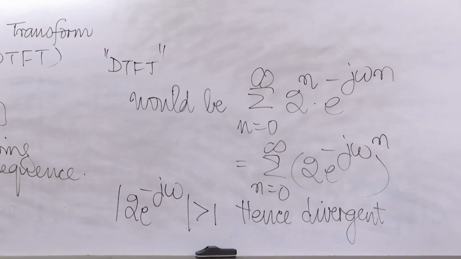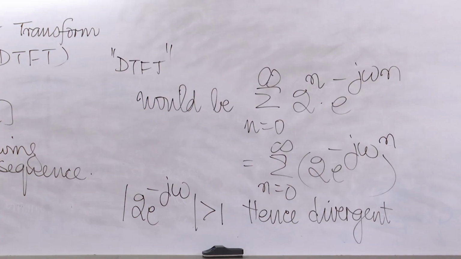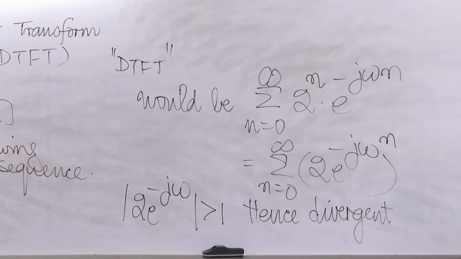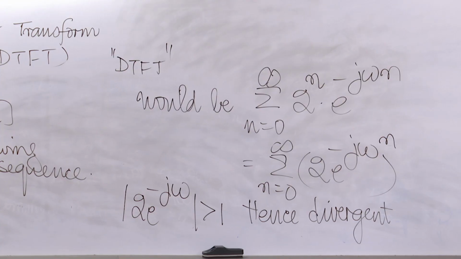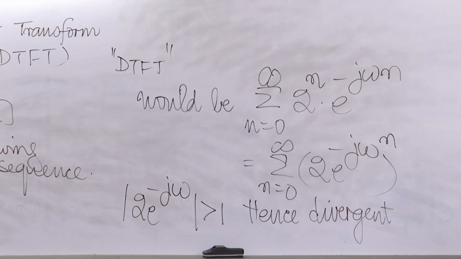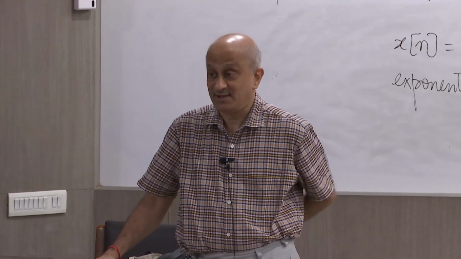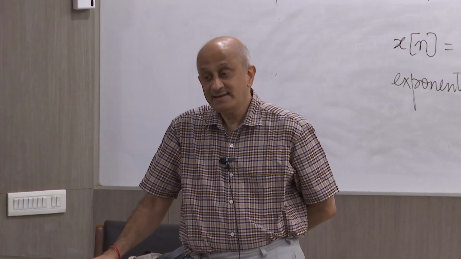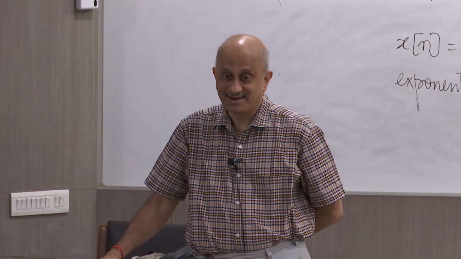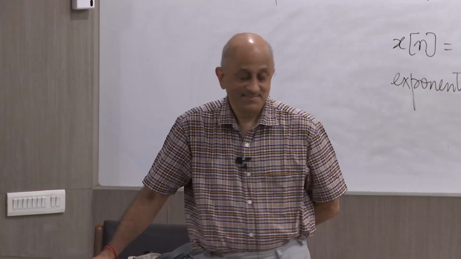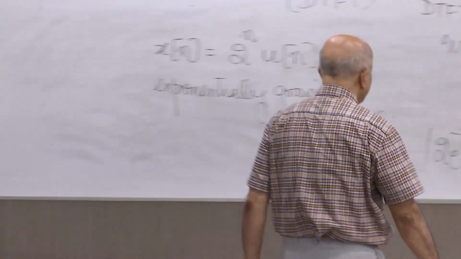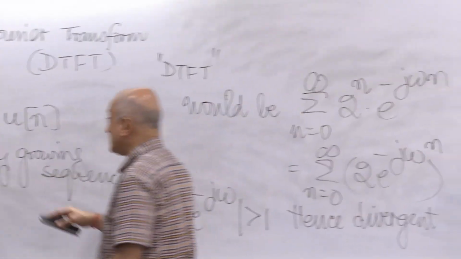So, what do we do? We employ the same strategy as we had for the Laplace transform. What was the strategy? First, arrest the growth. First, arrest the growth of the sequence by multiplying it by an exponentially decaying sequence, and then take its discrete time Fourier transform. Is that right? And that's how we generalize.